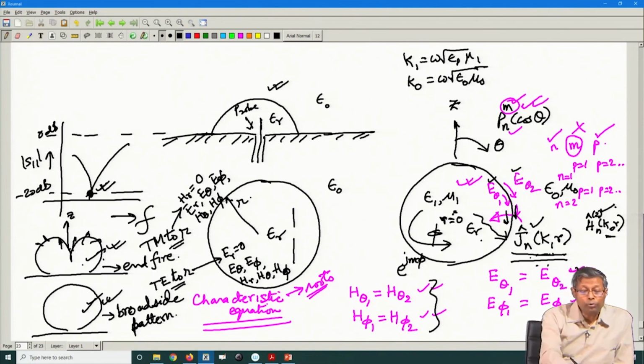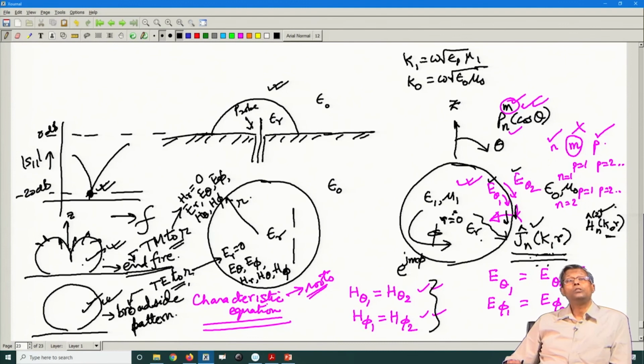So, typically, but not always, TM to r will give an end fire pattern and TE to r will give a broadside pattern, but there are TE to r modes which give an end fire pattern. So, be careful.